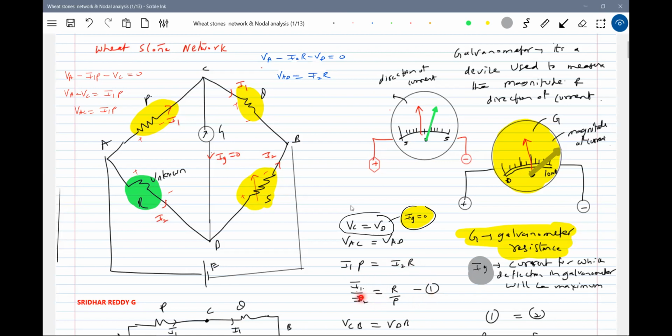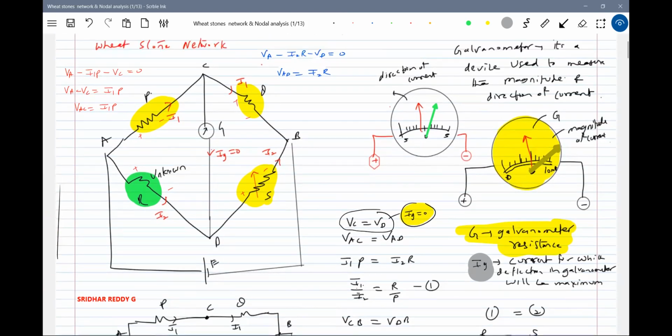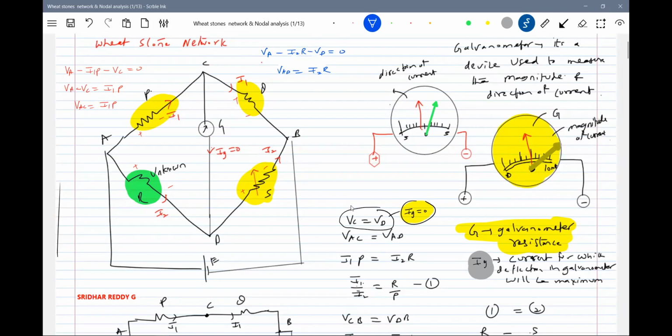Call this equation 1. Similarly, we'll write the equation for VCB. Let me write that loop equation here. VC minus I1Q minus VB equals 0. Then VC minus VB equals I1Q. Then VD minus I2S minus VB equals 0.